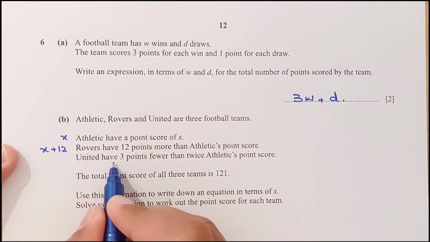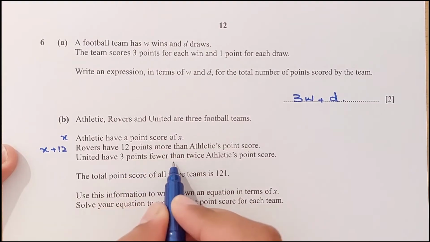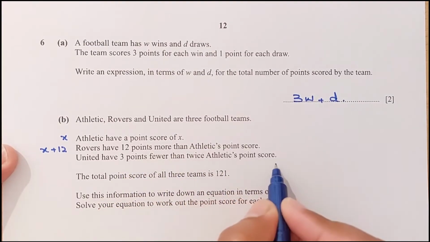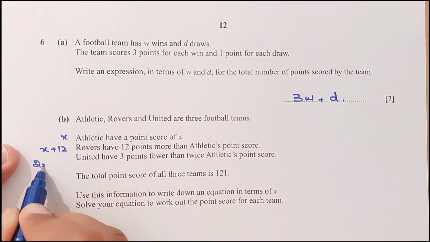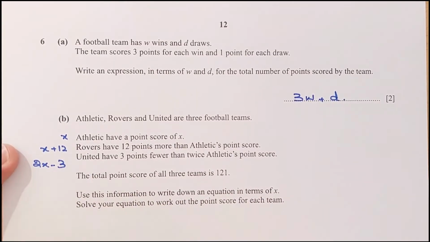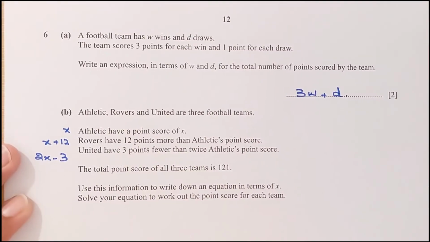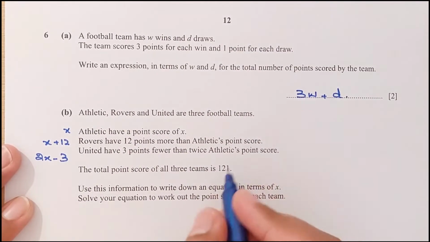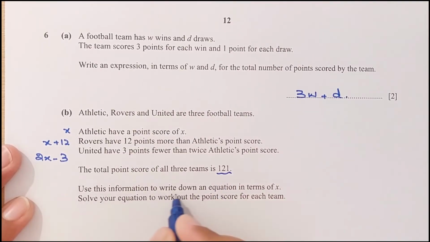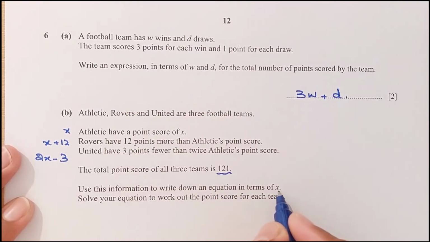And United have 3 points fewer than twice Athletic's points. So twice Athletic's points is 2x and then minus 3. This is for United. Okay, and the total point score of all 3 teams is 121. Use this information to write down an equation in terms of x. Solve your equation to work out the point score for each team.